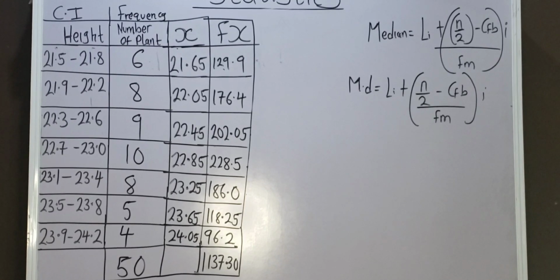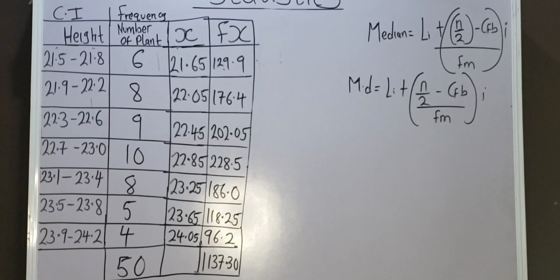CFB is the cumulative frequency before the median class. FM is the frequency of the median class. Please pay attention as I am telling you those parameters. H is the class width.